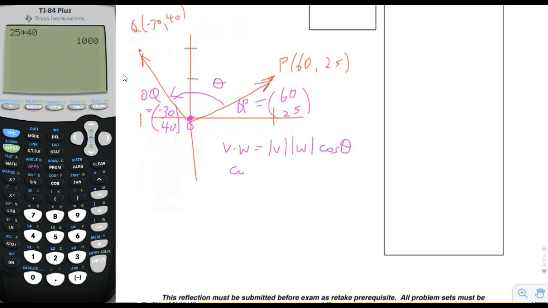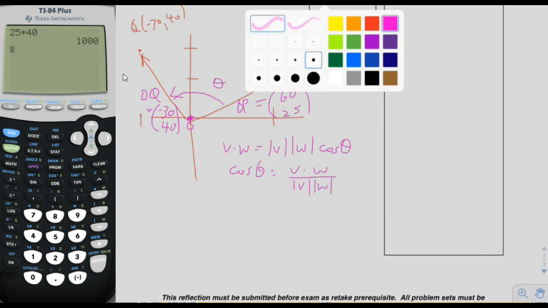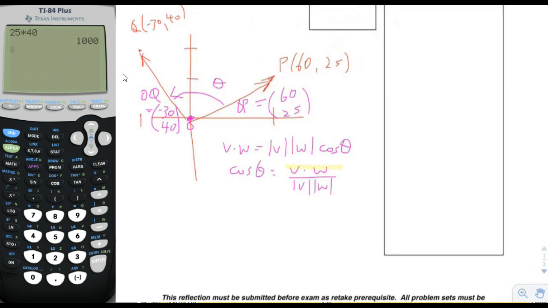So if you want the angle between the two, you could just divide both sides by the magnitude of V and W, and then you'll get something like this. We just found the dot product up top, so we know the top is negative 800. Now all we need to do is find the magnitude of V and W, in this case OP and OQ, and then we'll be able to divide it out and find the cosine of theta.